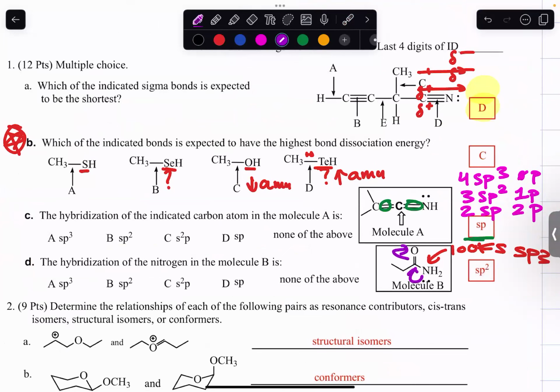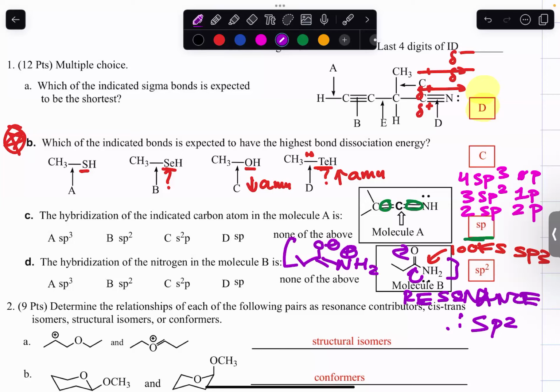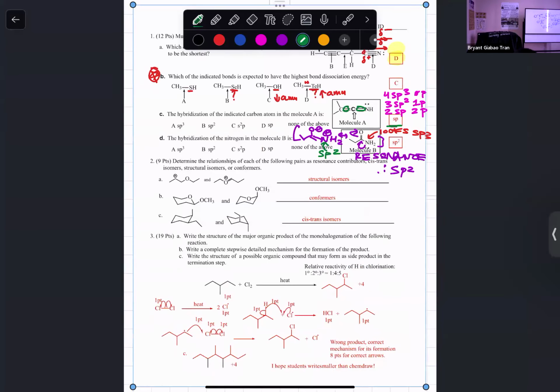It can donate its lone pair to the next bond, and then that double bond connected to the oxygen will want to go to the oxygen itself, because oxygen is more electronegative and it can handle more electrons.